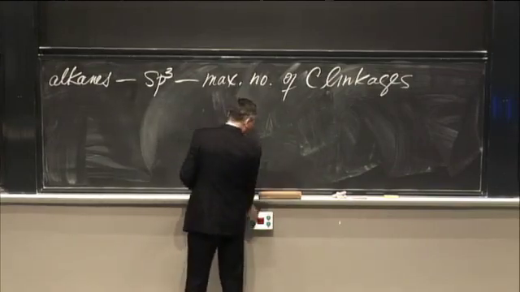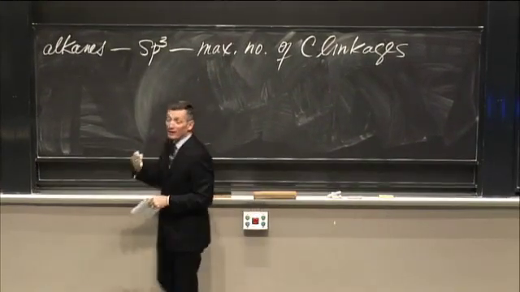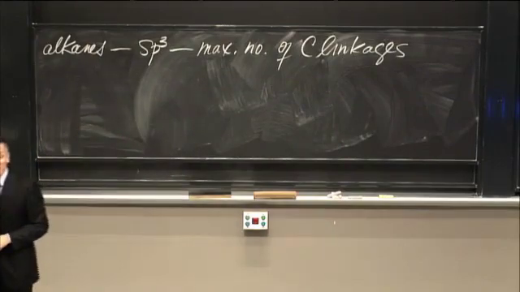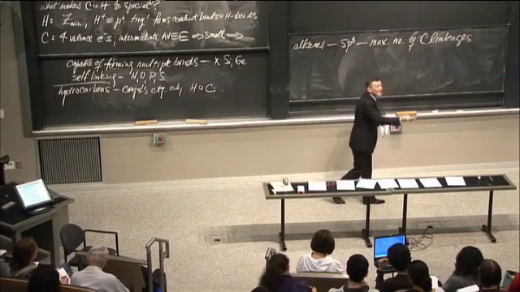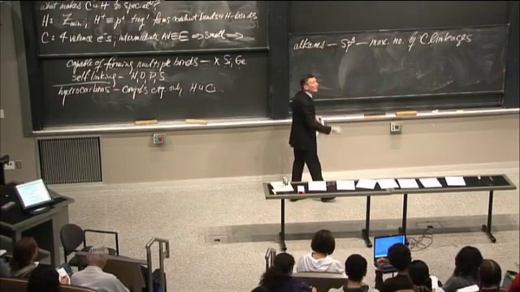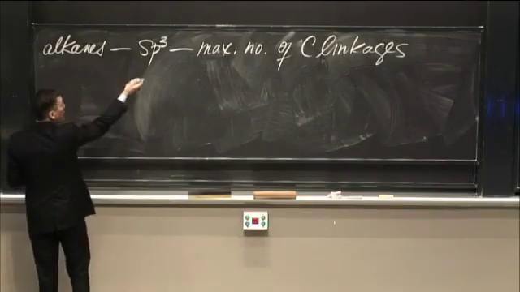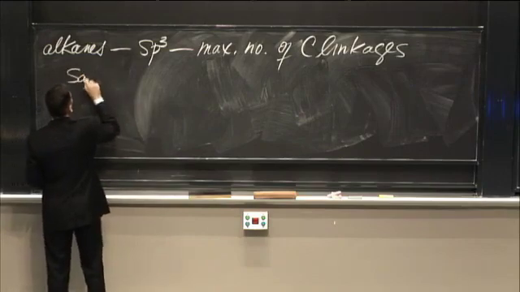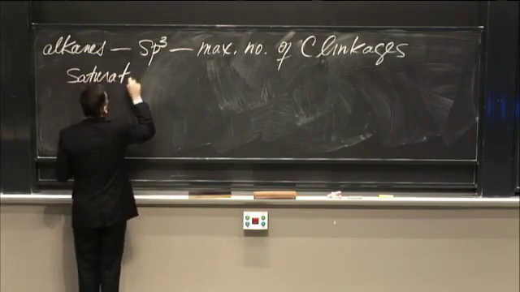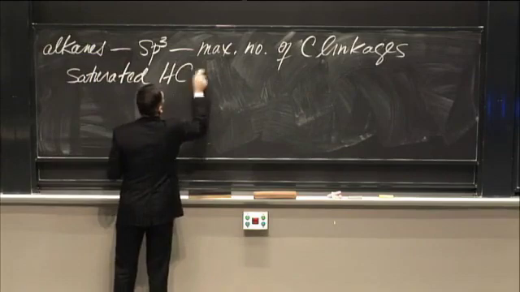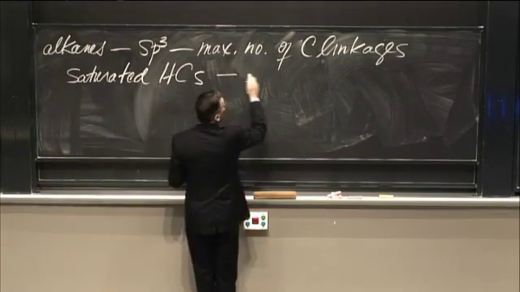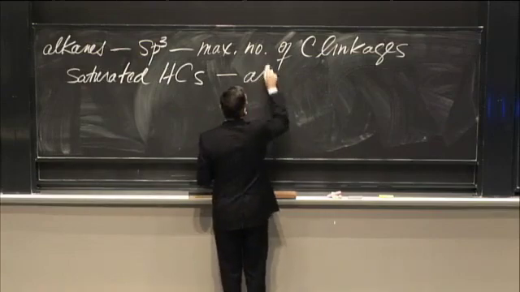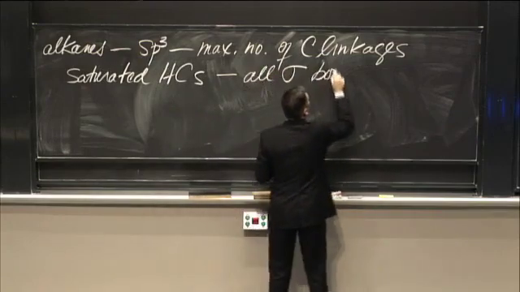Because they have the maximum number, we're going to borrow terminology from the last unit on solutions. What's the maximum amount of solute you can get into a solution called? It's called the saturation value, and they use that term here. These are called saturated hydrocarbons because they've got the maximum number of linkages, and they're all sigma bonds.